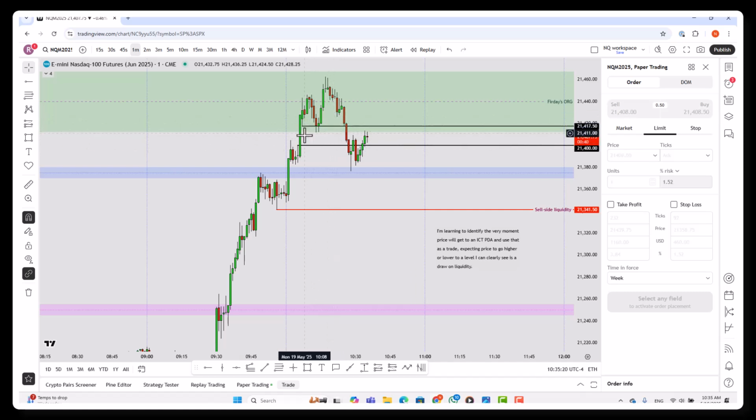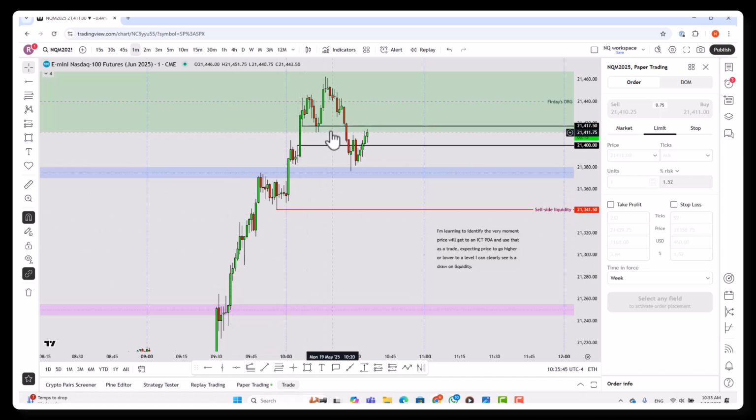I'm not interested in taking a trade here because if it is an inversion fair value gap, it will break below this other fair value gap. So this is the one I would want to consider as an inversion fair value gap to trade, to take me down to this first presented fair value gap.